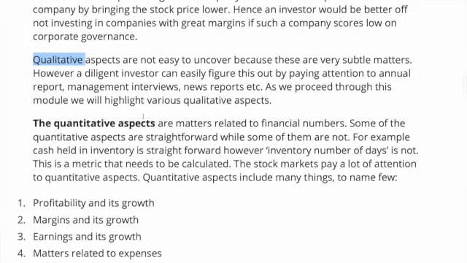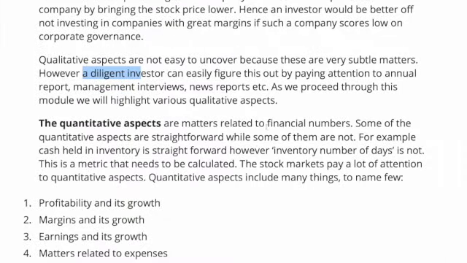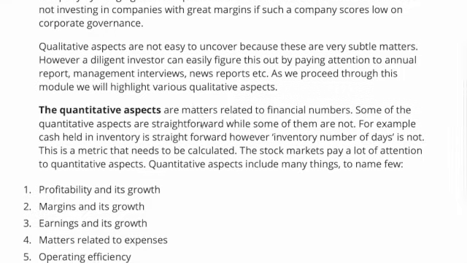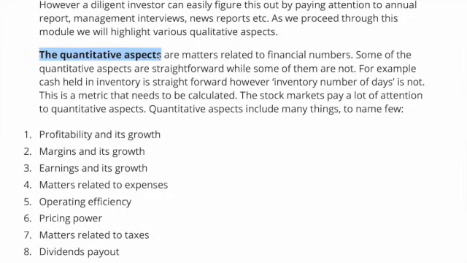Qualitative aspects: a diligent investor can easily figure this out by paying attention to annual reports, management interviews. You're getting to know the qualitative aspects by listening to CEOs talk about the company, news reports, etc. So let's move into the quantitative aspects.